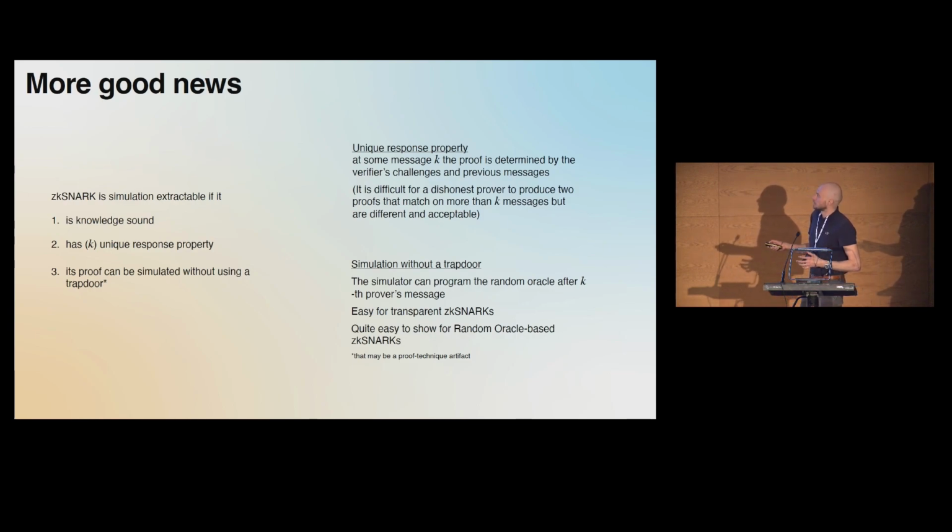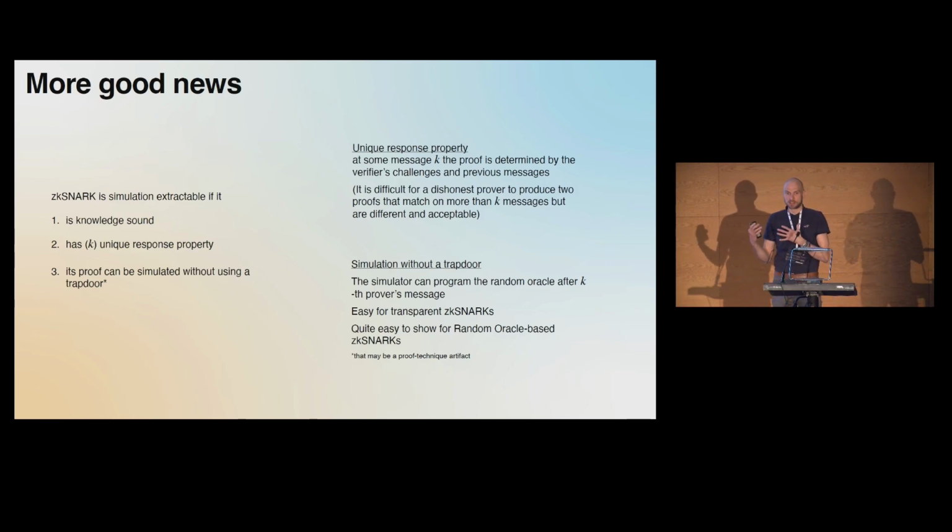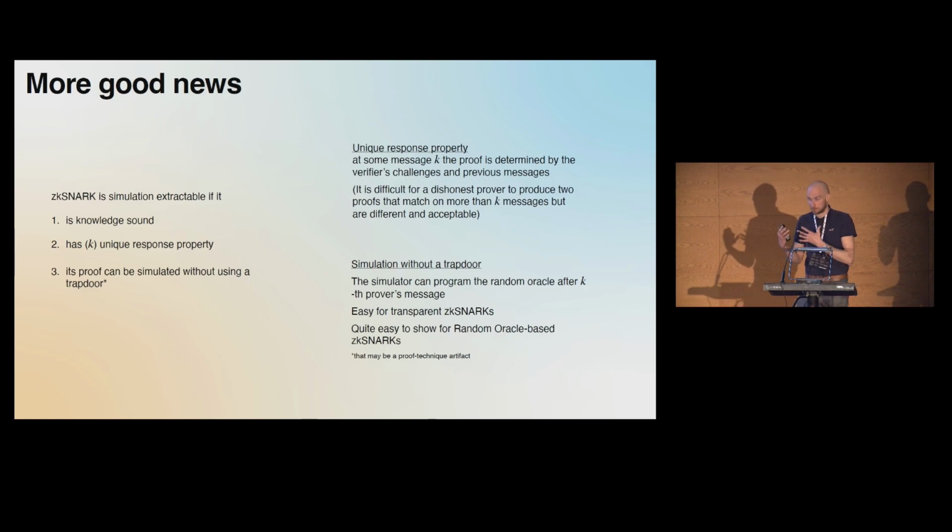And its proof needs to be simulatable without using a trapdoor. If you are aware of how we show zero knowledge, we show it by introducing an algorithm called the simulator that is tasked to produce a proof that is indistinguishable from the proof provided by an honest prover, but without knowing the witness.